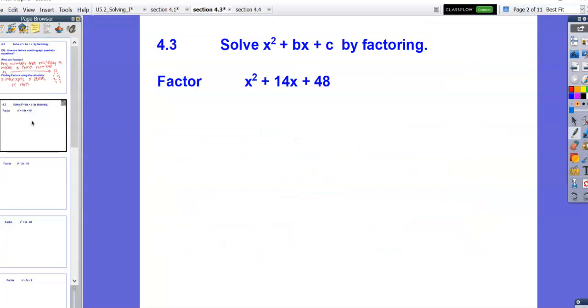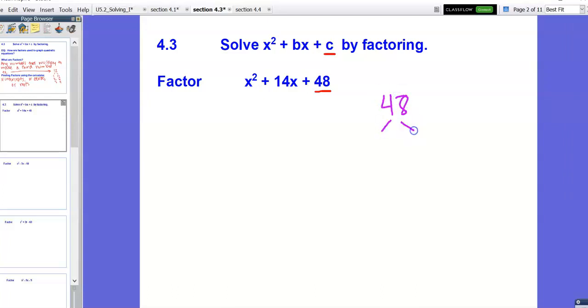The first quadratic equation that we have to factor is x squared plus 14x plus 48. You always want to factor the c term, or the back number. So I'm going to write out the 48, and I'm going to list the integers that multiply to make 48.